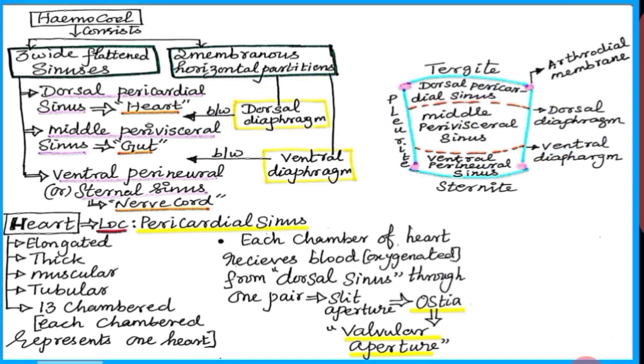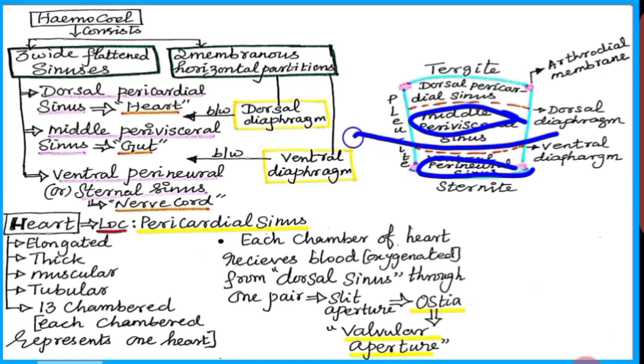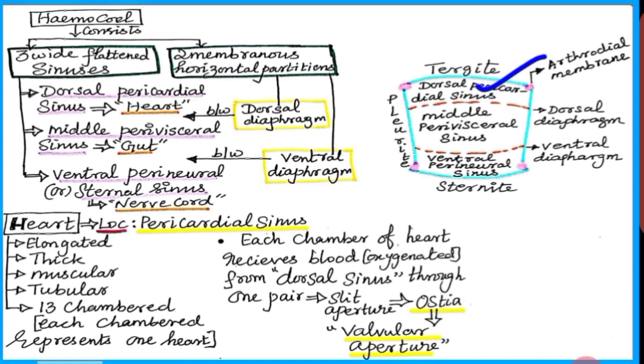Similarly, the middle perivisceral sinus and ventral perineural sinus are divided by a partition called the ventral diaphragm. So the dorsal diaphragm and ventral diaphragm divide the body cavity into three sinuses: the dorsal pericardial sinus, middle perivisceral sinus and ventral perineural sinus.